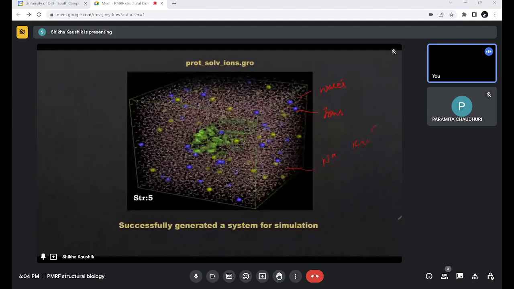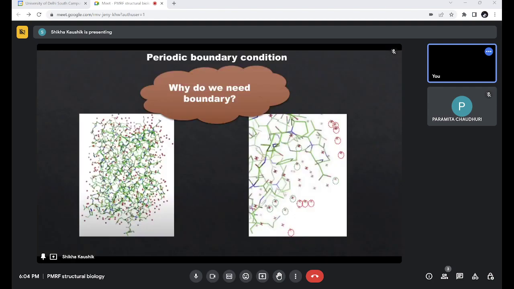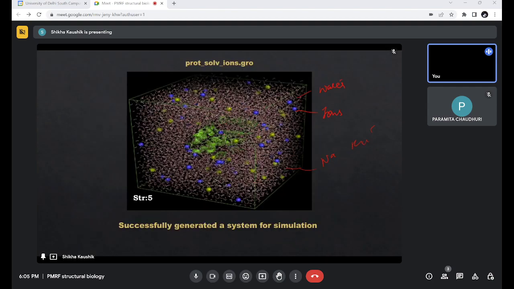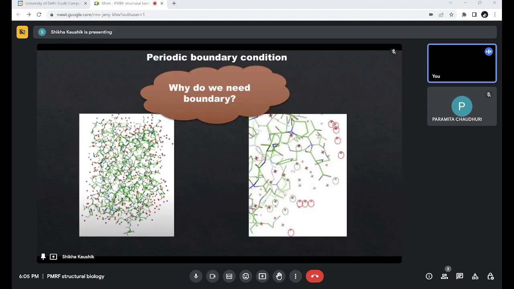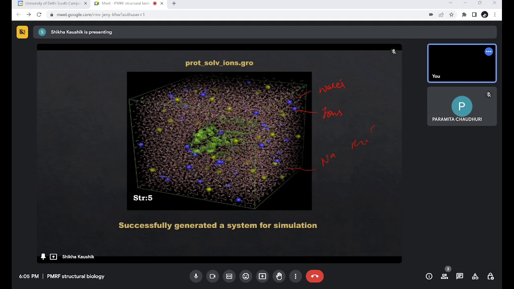And now you have successfully generated a system for your simulation. So first we tried to understand our realistic system, and now our system has been generated, and now we can do simulations here. So now we have the actual scenario generated for us.